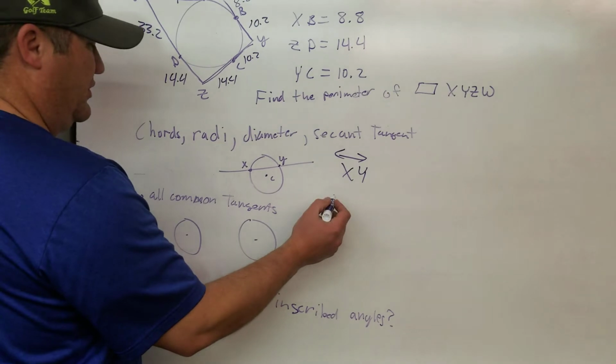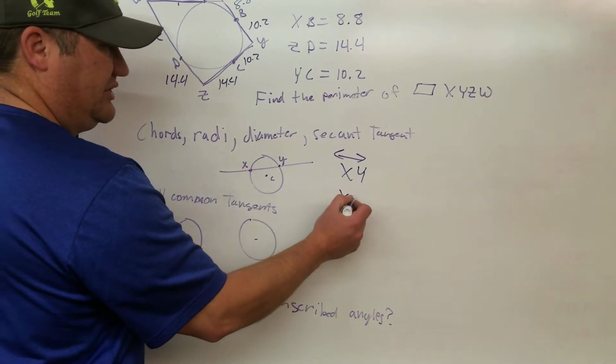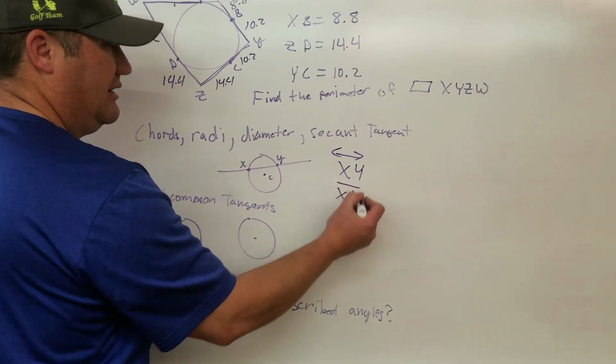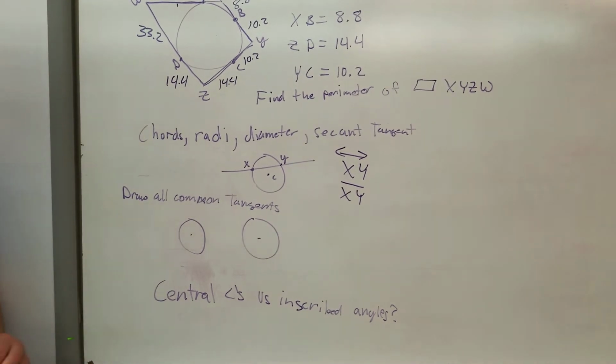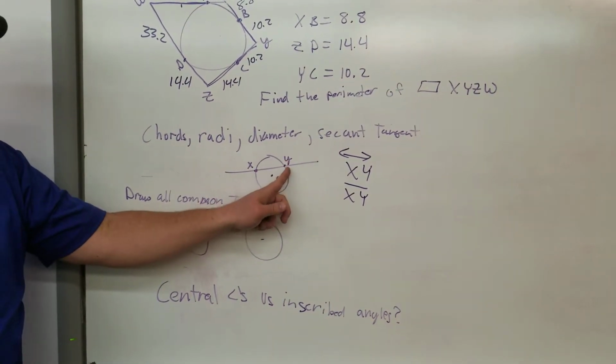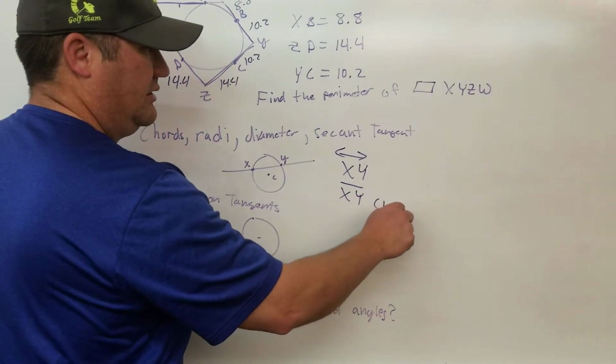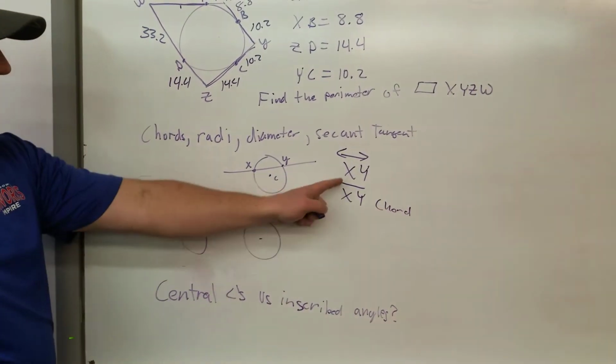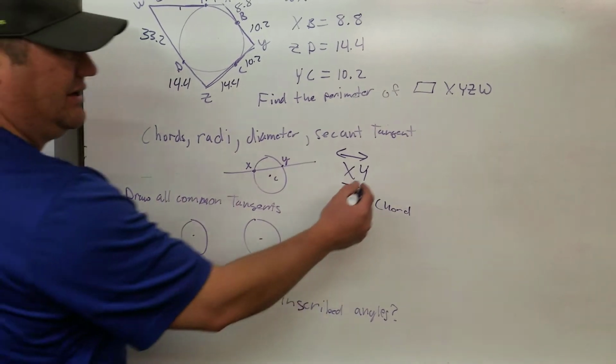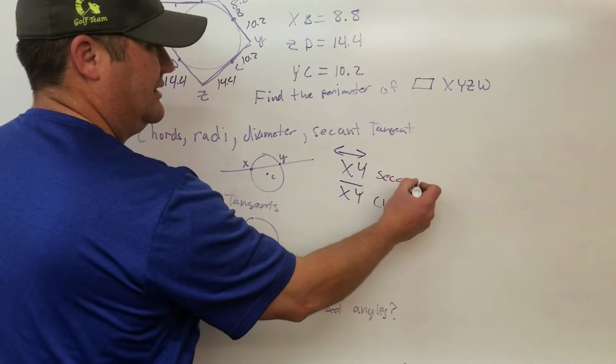If it asks for the chord, you would say XY with just a line segment, meaning it stops at X and stops at Y. So the chord stops, and the line that extends is called a secant.